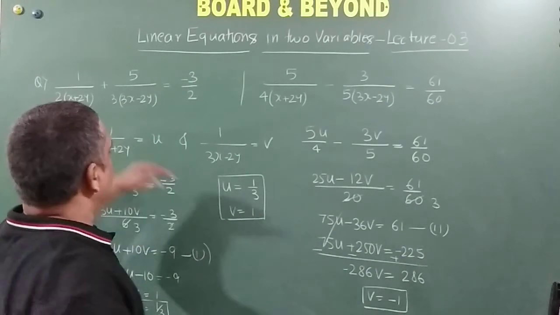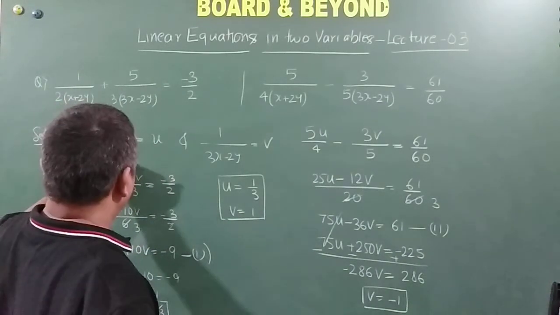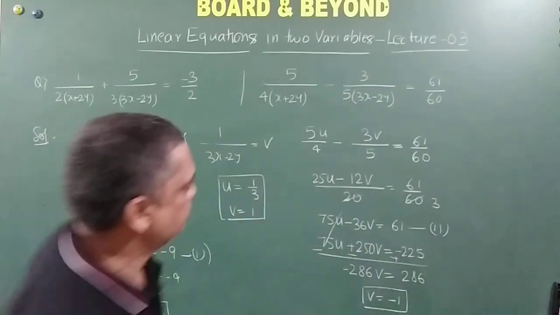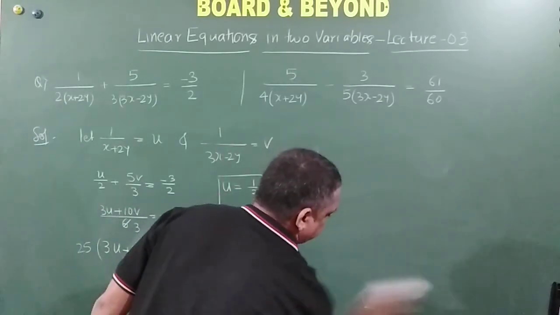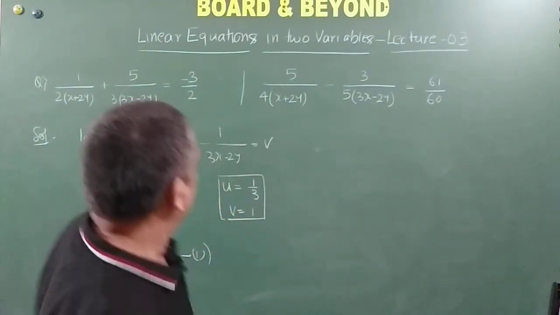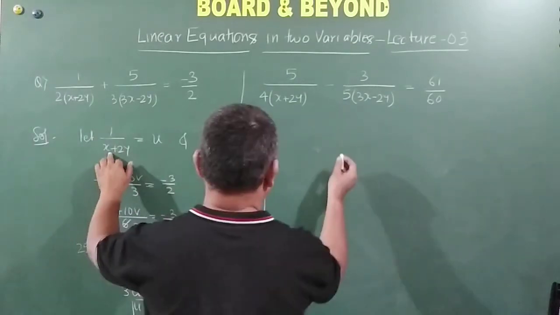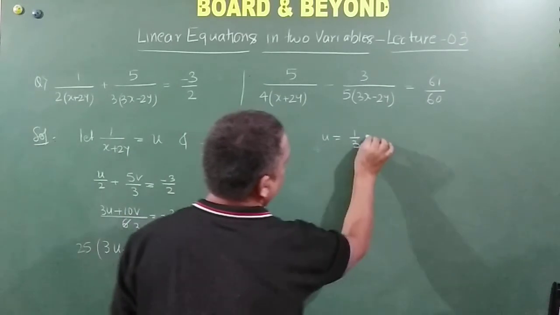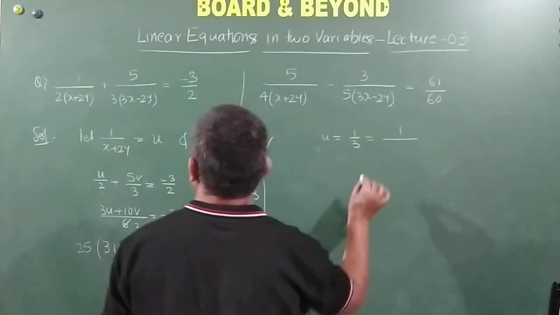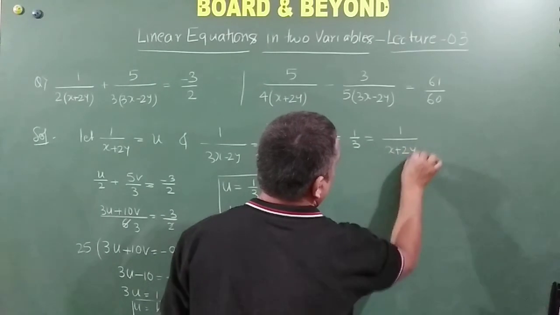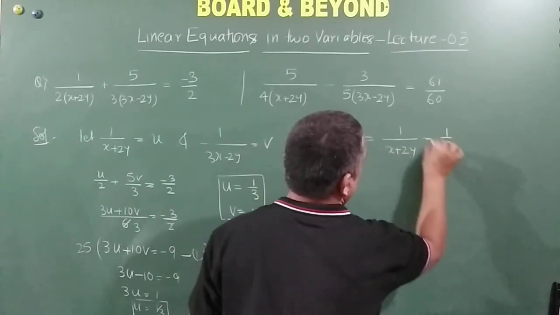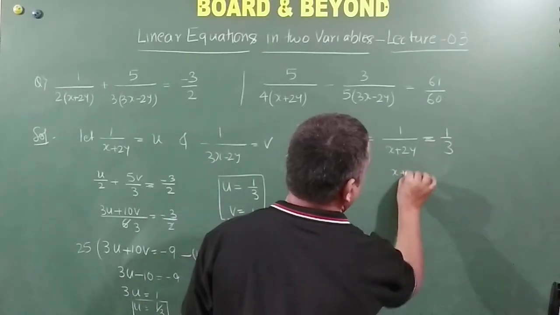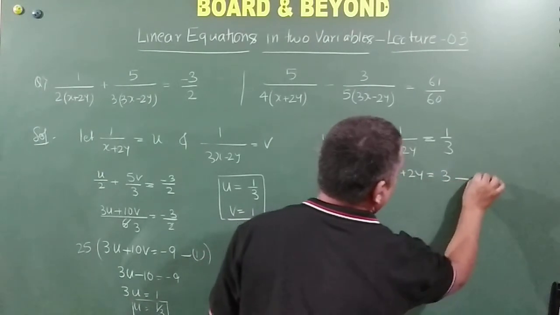But we had made certain assumptions here, so I'll have to rub off something from the board. The assumption I made is u is equal to 1 by 3, that is nothing but 1 divided by x plus 2y is equal to 1 by 3. Once I do cross multiplication, x plus 2y is equal to 3 is my equation number 3.